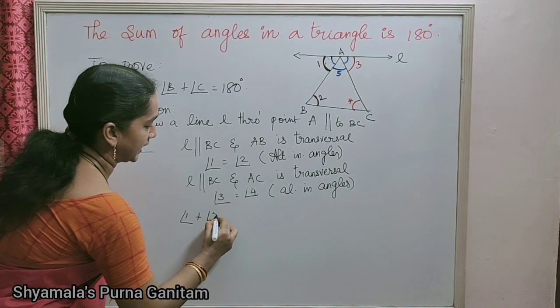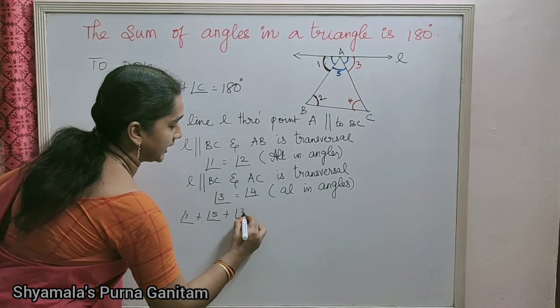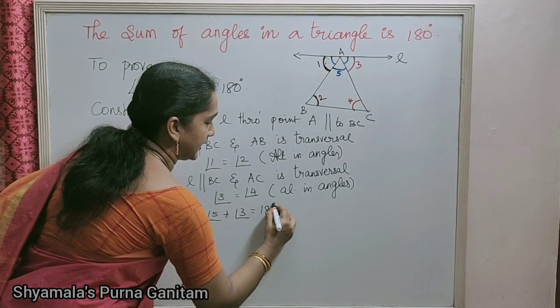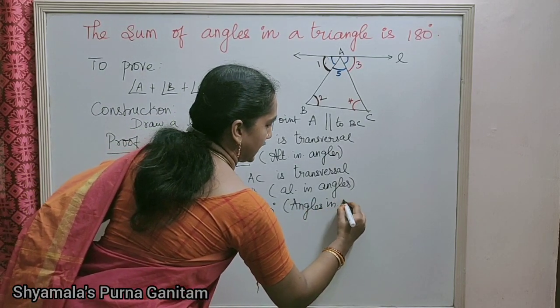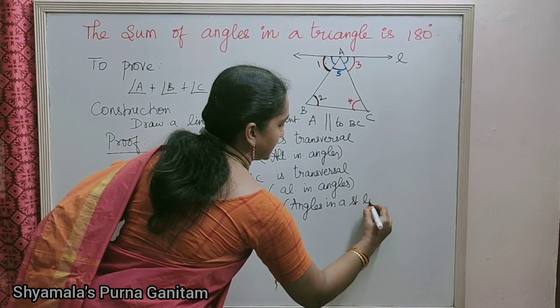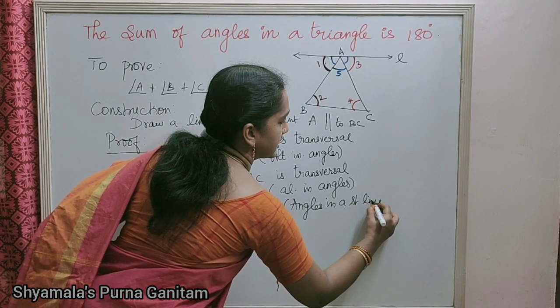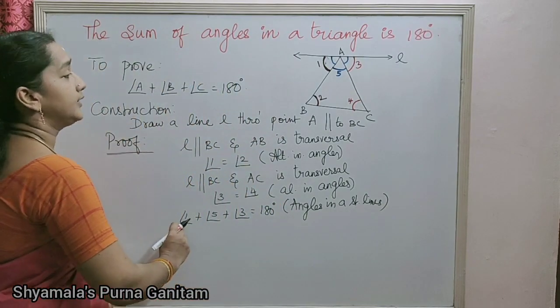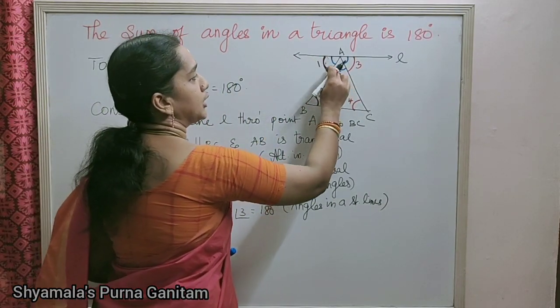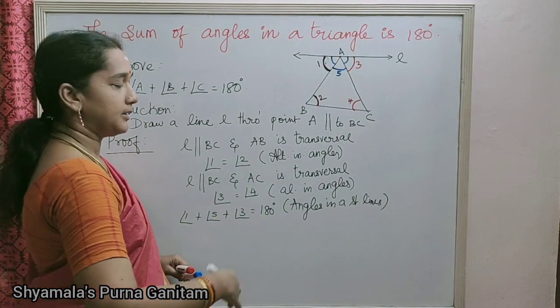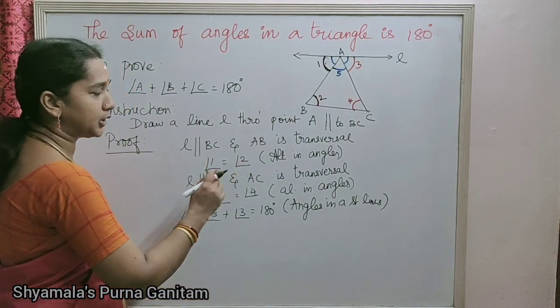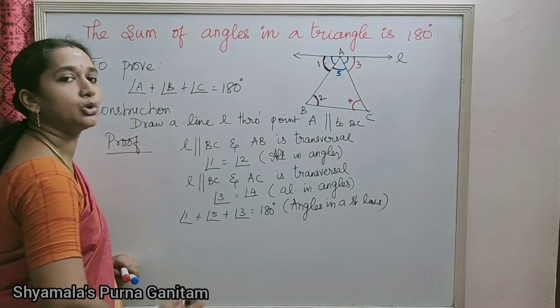Since these angles are in a straight line, angle 1 plus angle 5 plus angle 3 is 180 degree.